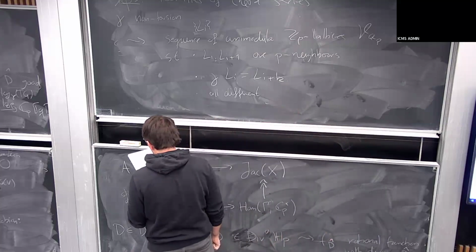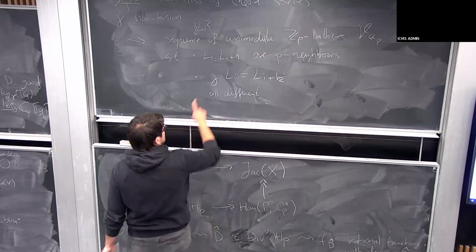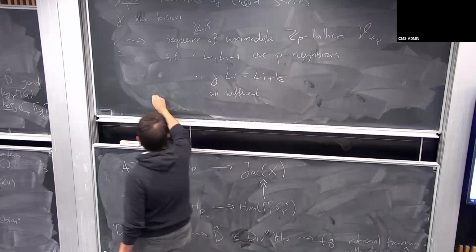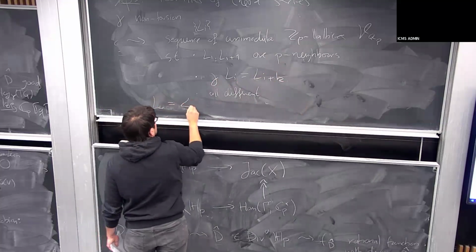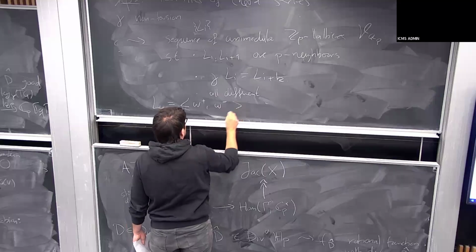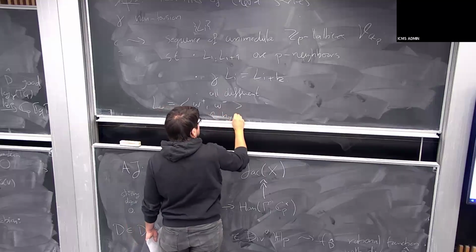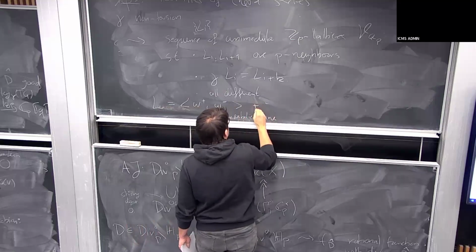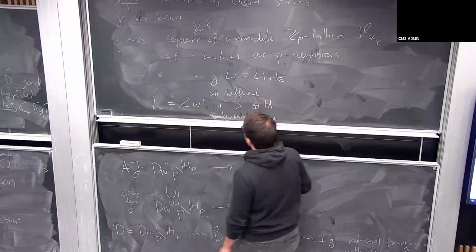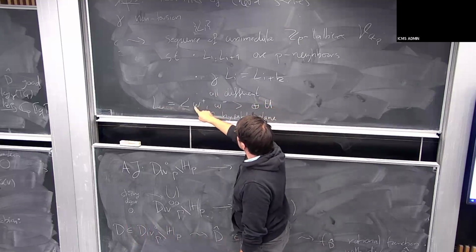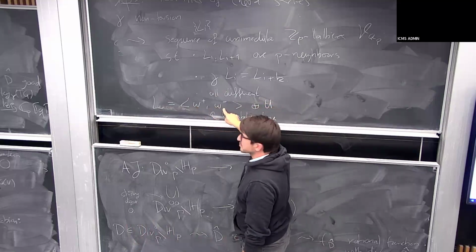Okay. So, to rephrase what it means to be p-neighbors, your L naught is W plus, W minus, and this is your hyperbolic plane. So hyperbolic plane means these two are isotropic, and W plus times W minus is 1.